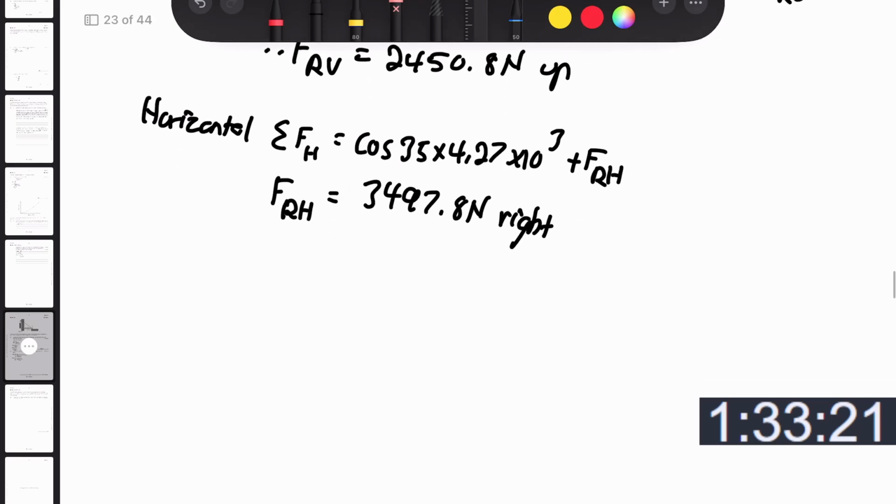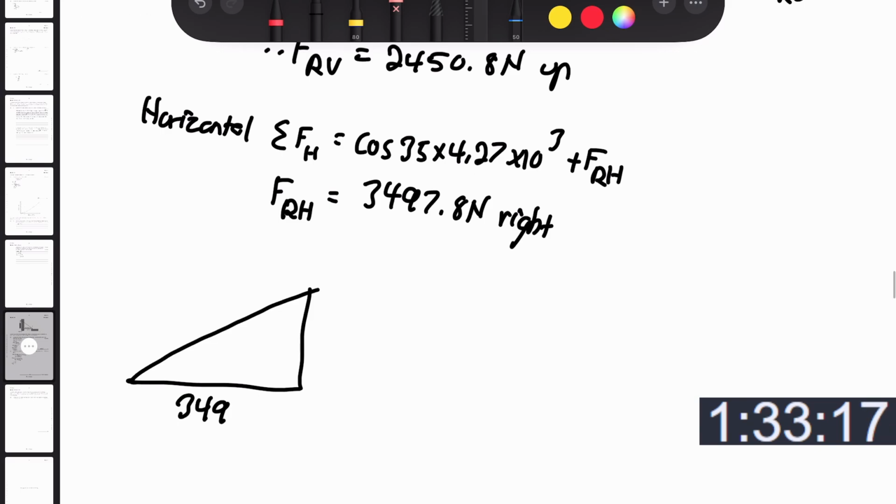So then we draw the triangle with 3497.8 and 2450.8.